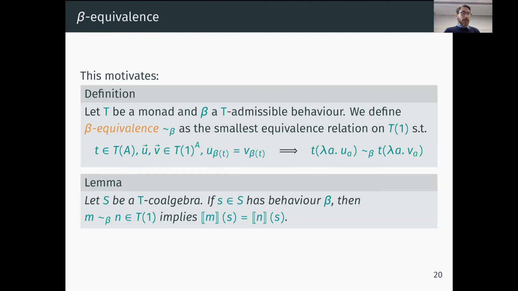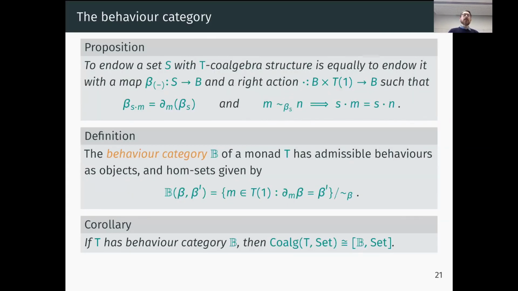So I've now finally got enough to get towards describing this coalgebra category. So sticking all of that together, what we discover is the following. To give a set S, coalgebra structure for a monad T is the same as giving the set S, together with a map down to the set of possible behaviors. So remember, that's the final T coalgebra.